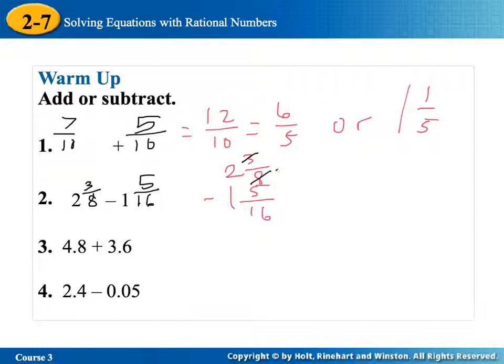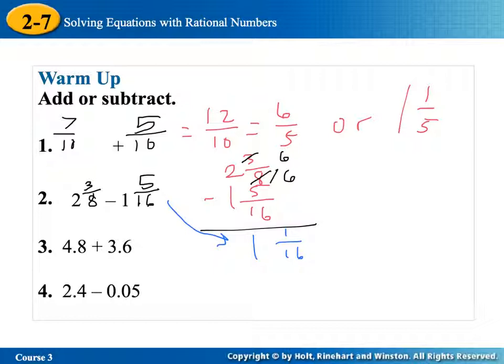So I multiply by 2, and I get 6/16 for my equivalent fraction of 3/8. Subtract up and down, and you get 6 minus 5 is 1/16, and 2 minus 1 is 1. So you will get 1 1/16 for your answer. Okay, there's your answer right there.